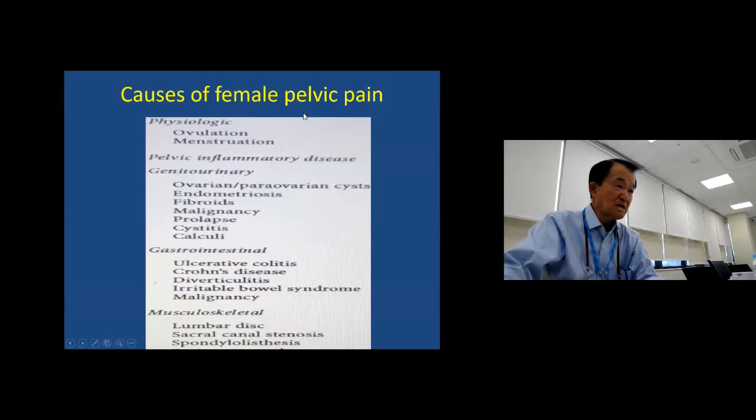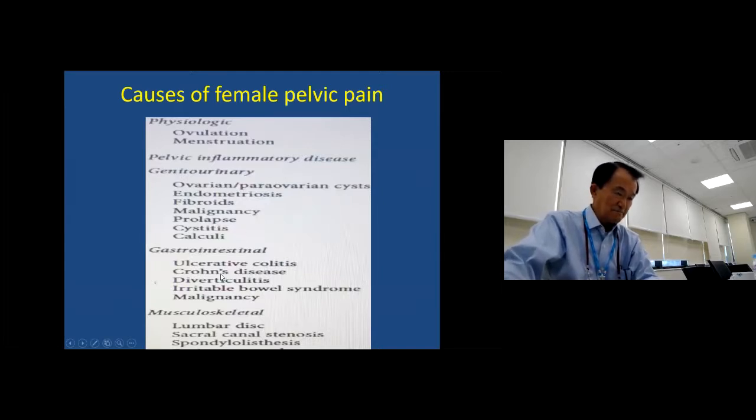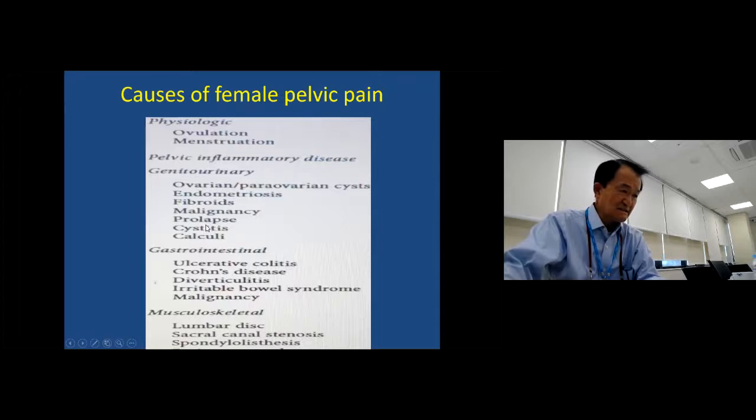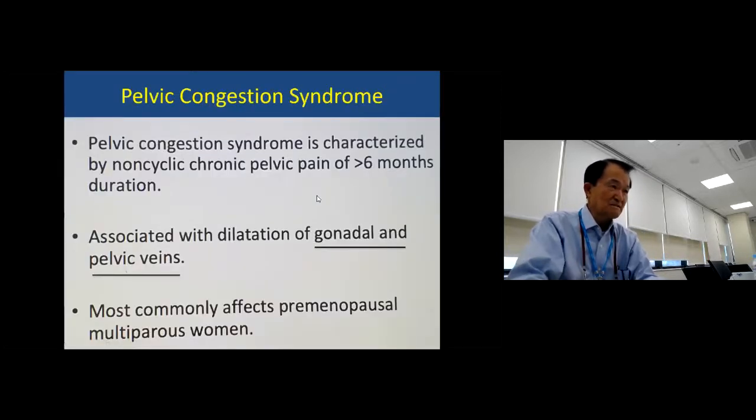In the female, there are lots of causes of pelvic pain: some physiologic, inflammatory, and genitourinary, all kinds of cystic lesions, fibroids, gastrointestinal disease, and obviously lower lumbar disc, sacral, and other causes. So you have to consider many differential diagnoses.